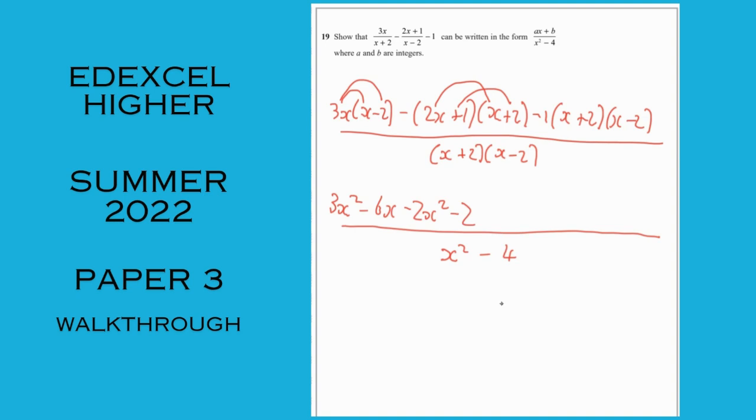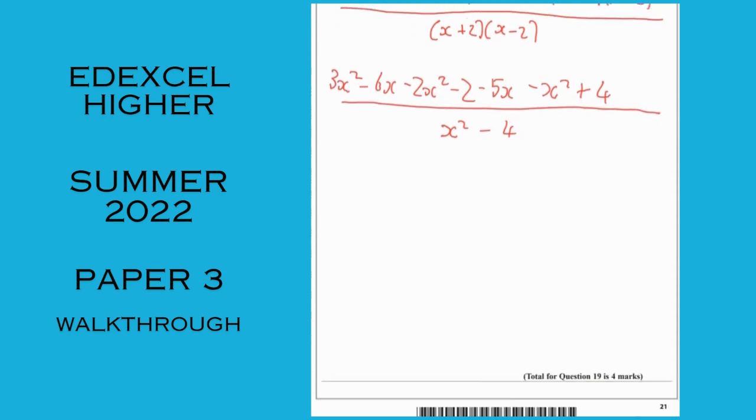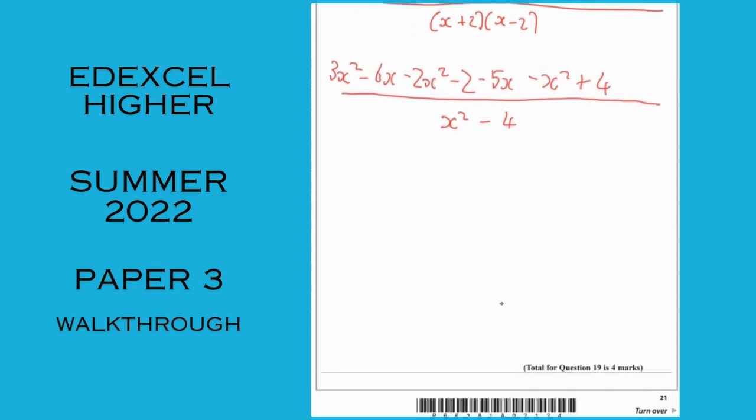Let's look at the x terms. 2x times 2 is 4x. 1x makes 5x. Change the sign. And over here, still change all the signs, but we've got the bottom, so it'll be minus x squared, positive 4. Collecting like terms, let's see what happens.